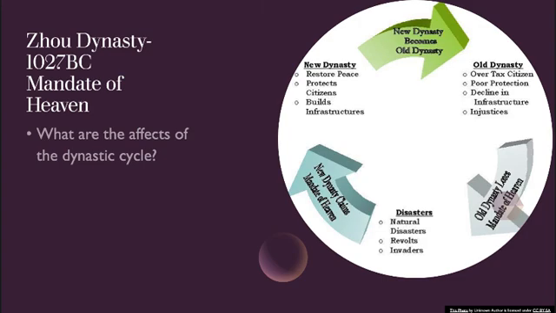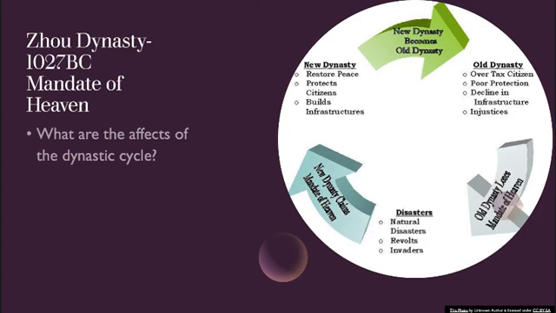All right? You'll be expected to know how the dynastic cycle works. New dynasty, time passes, corruption, natural disaster, king loses mandate of heaven, civil war, new dynasty. Over and over and over again. Okay? All right.